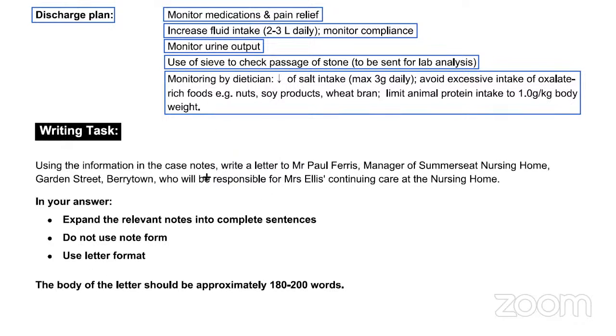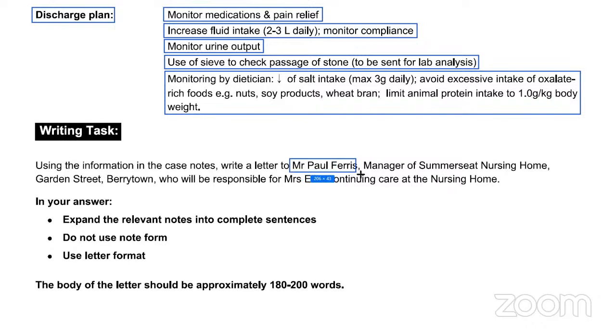Right. Next here is the address, to whom you are writing. Using the information in the case notes, write a letter to Mr. Paul Ferris. This is a discharge letter. You can see here, discharge plan. Now you are writing the letter to whom?